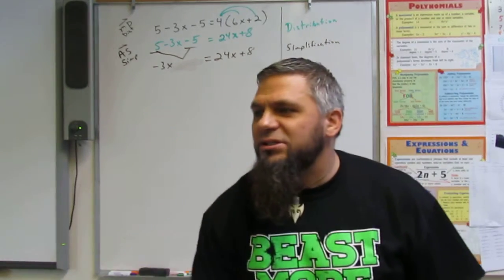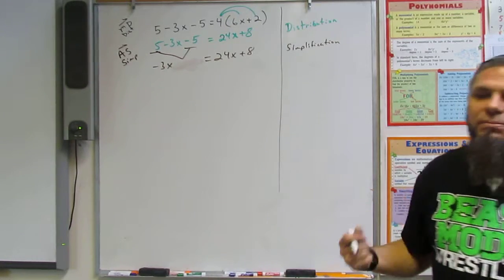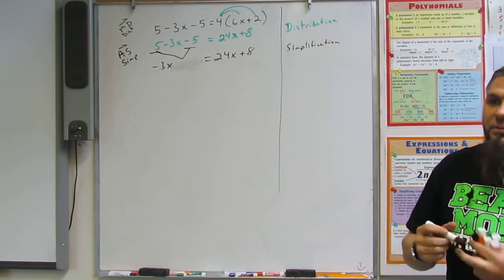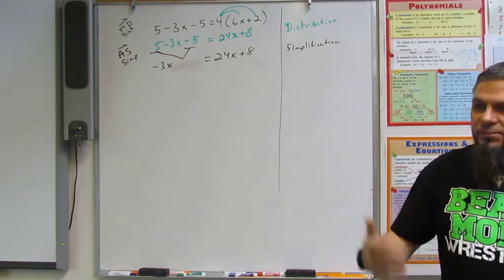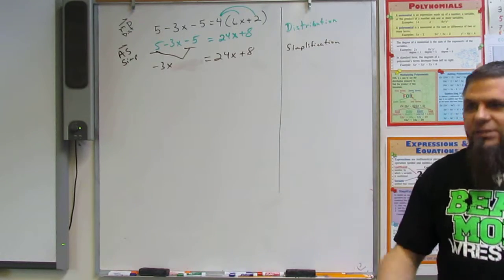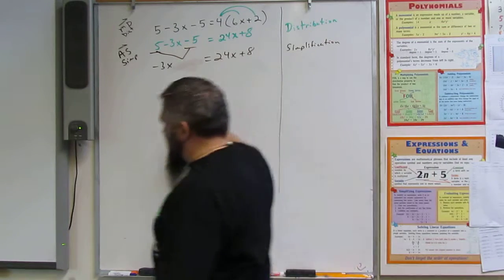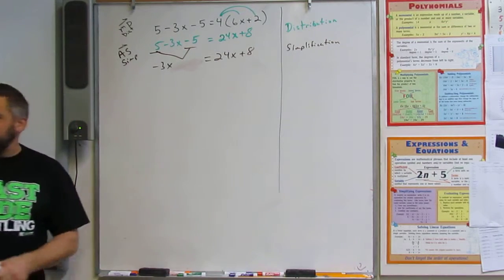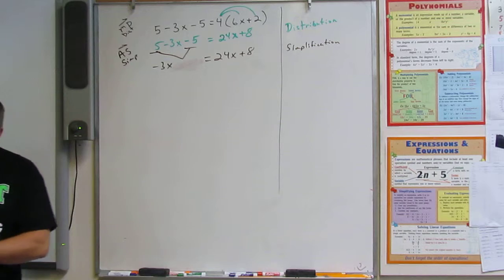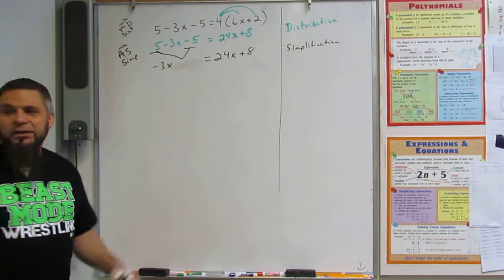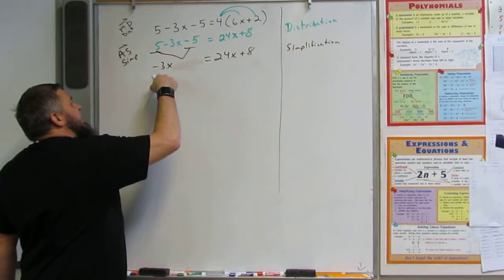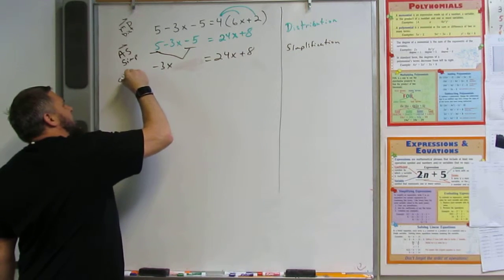Anytime we do transition or SAD-MET, it's going to be addition, property of equality, subtraction, division, multiplication. In this case, we're going to move the lowest variable, which is negative 3x. So by moving the negative 3x, now it's solving.